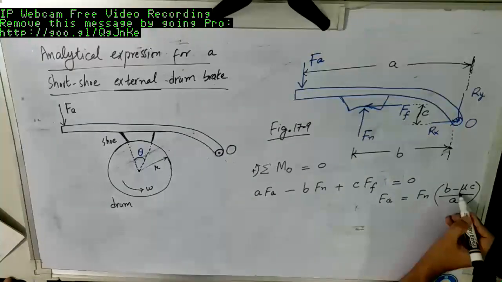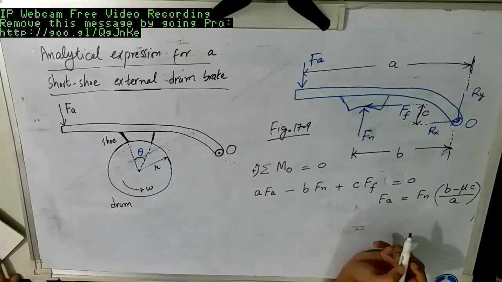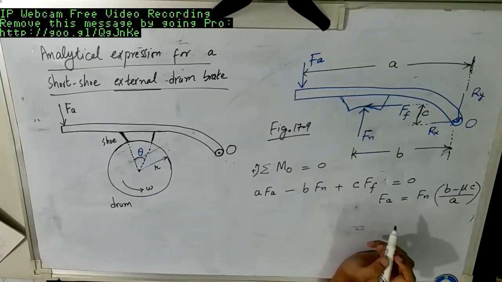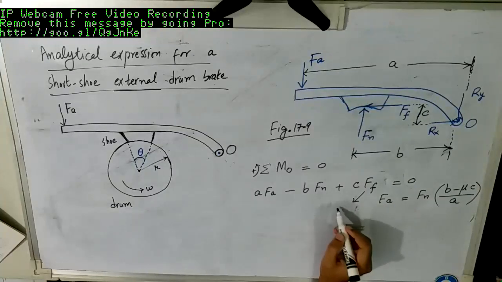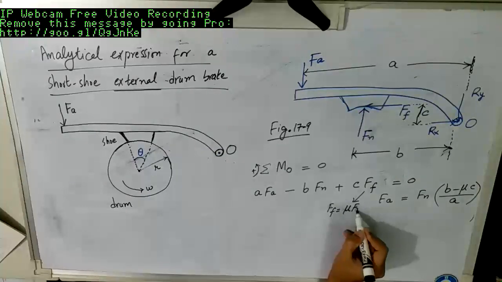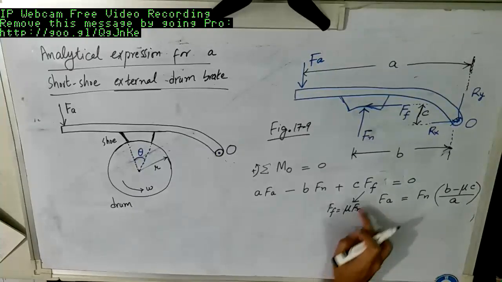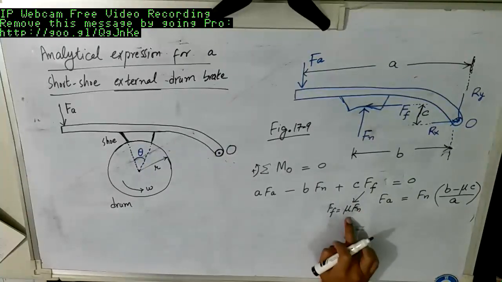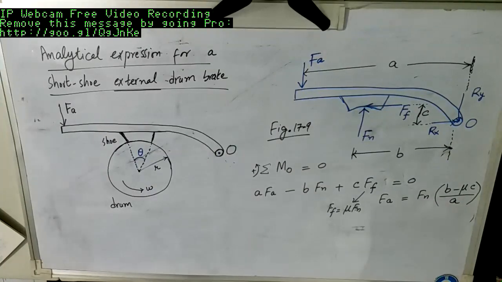Now from where did this mu come from? That is because this Ff can be replaced by the relationship mu Fn. So frictional force is equal to mu times the normal force. When we replace this by mu Fn and put it in here, we get this expression. Additionally, we also have the expression for the torque.